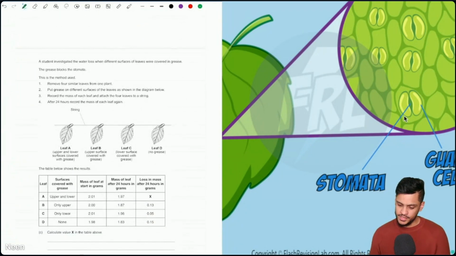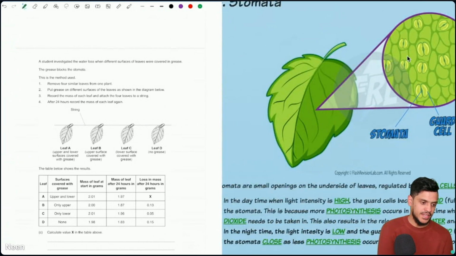Right, on to the next one. A student investigated water loss when different surfaces of leaves were covered in grease. The grease blocks the stomata. So these holes that you have, when you add grease to it, it closes those holes, okay?